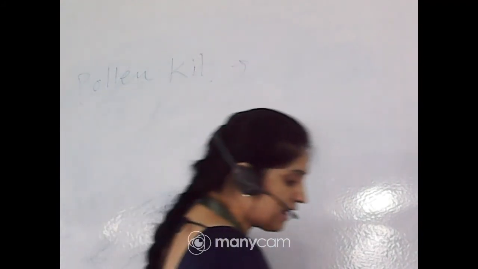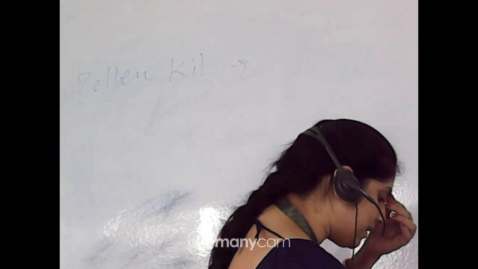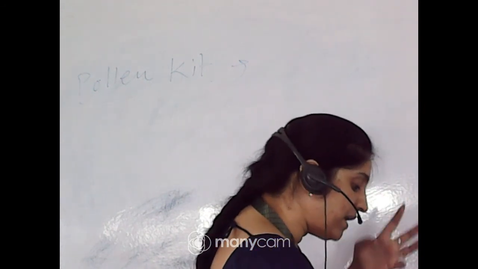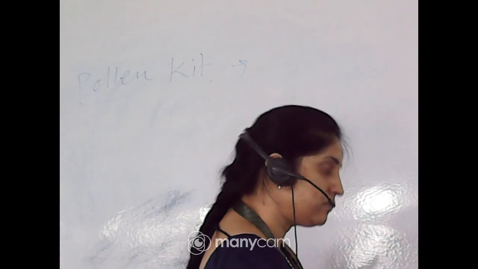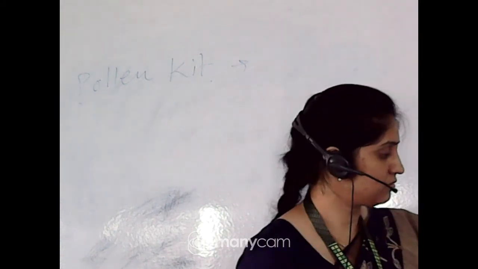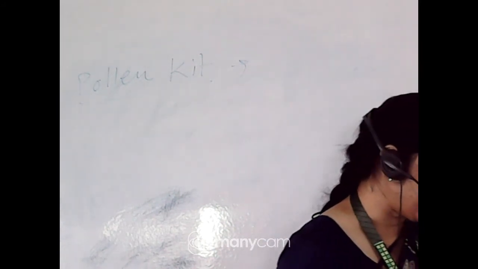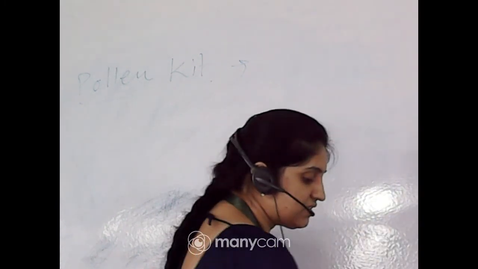What is pollen kit? Pollen kit is on the insect pollinated pollen grain. The exine is spiny and covered by a yellowish, sticky and oily layer.